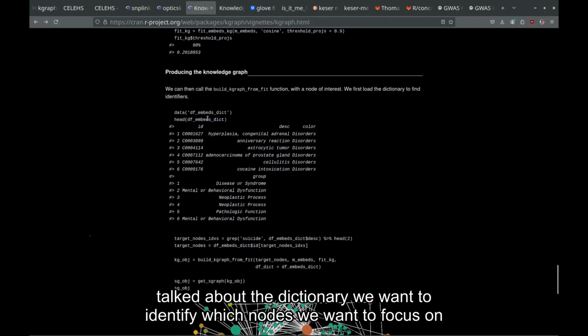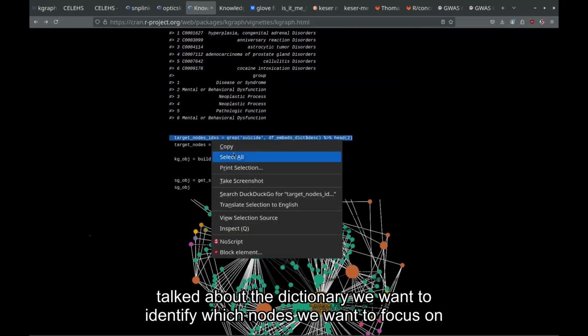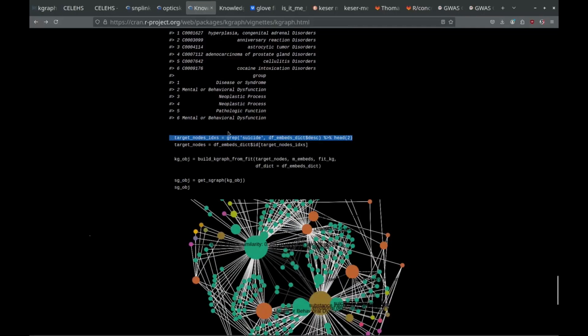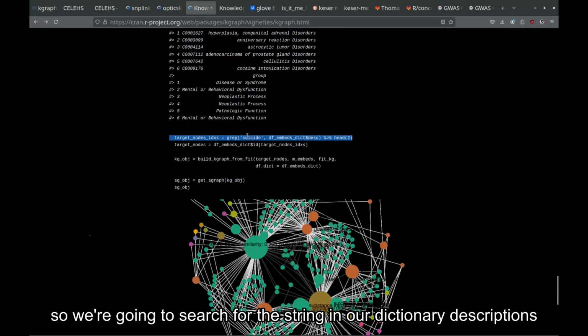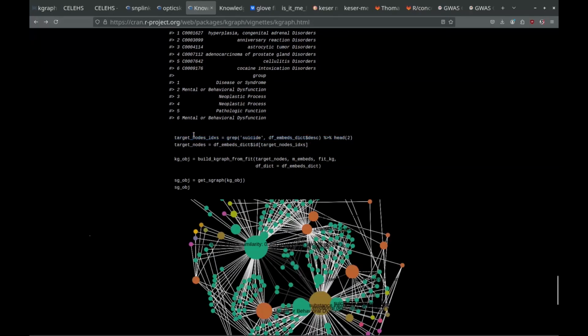So with this, we determine our threshold. I talked about the dictionary. We want to identify which nodes we want to focus on. So we're going to search for the string in our dictionary descriptions. We're just going to take the first two occurrences, and we're going to retrieve the ID.